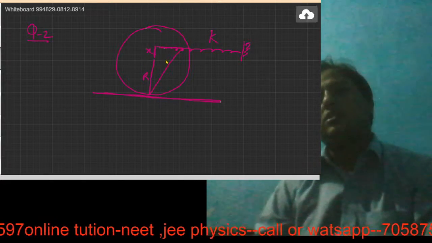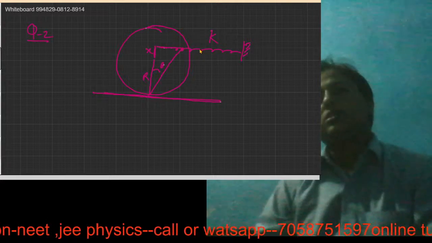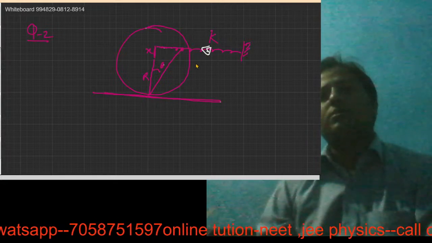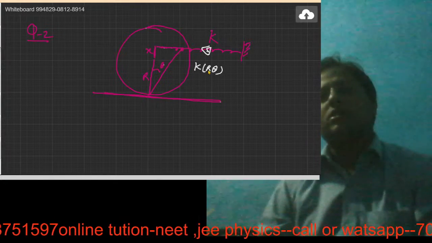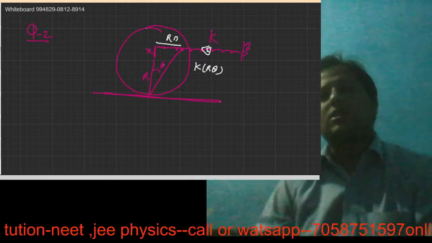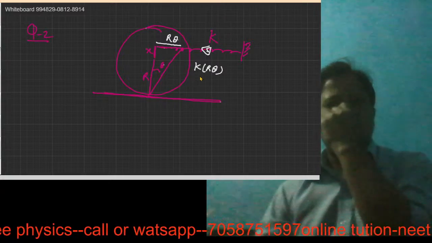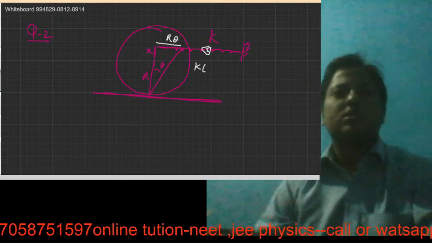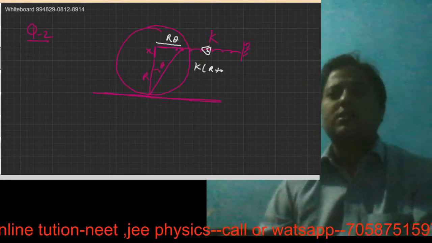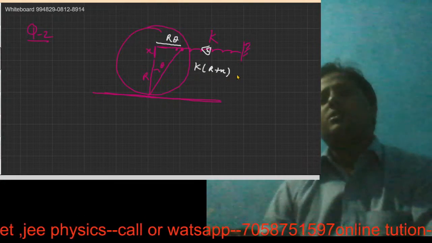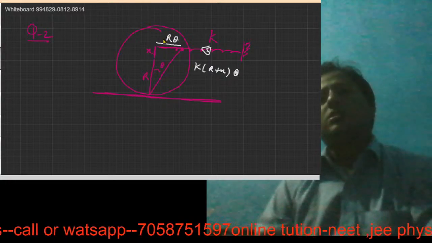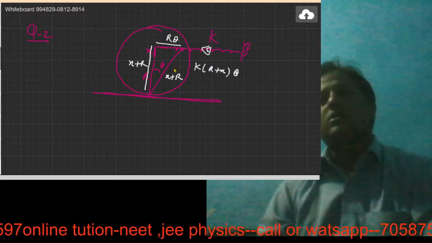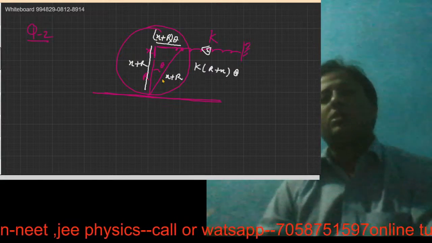Rotate it by some angle theta so that the spring is compressed, and now the spring applies a force of k into the compression length. Here the total distance is x plus r, so the compression is x plus r into theta, and the spring force comes out to be k into r plus x into theta.